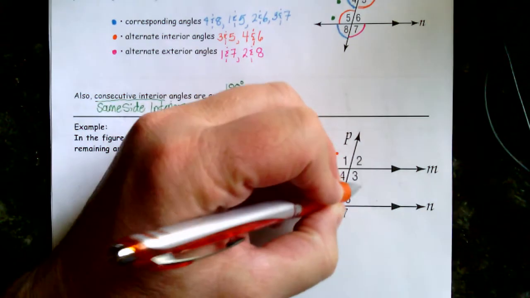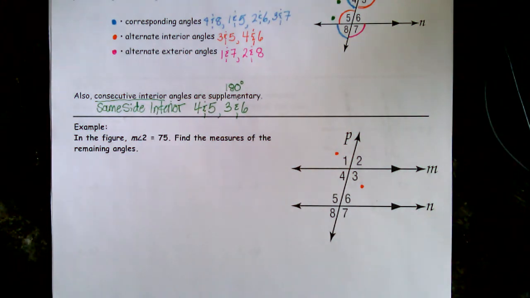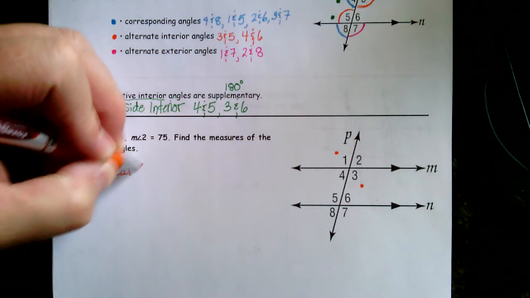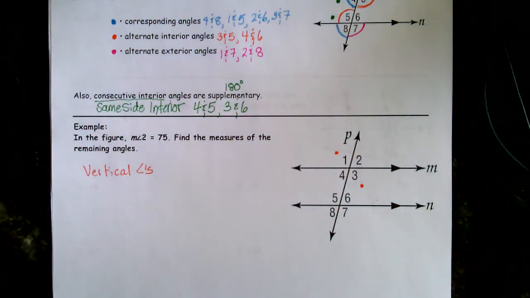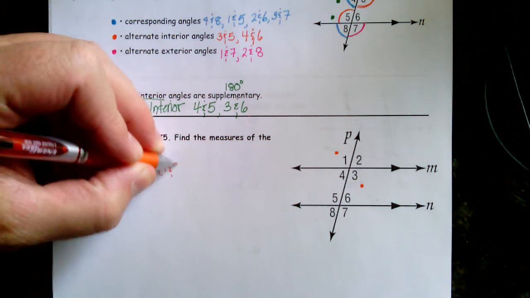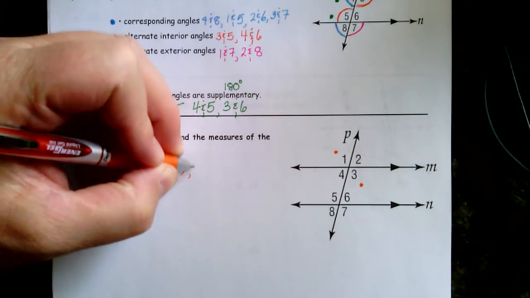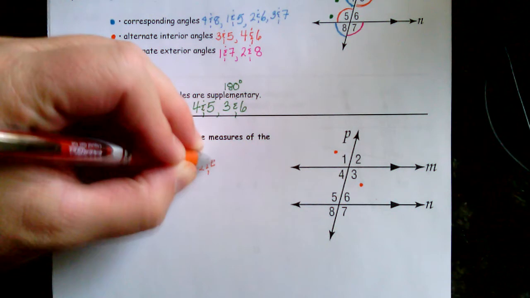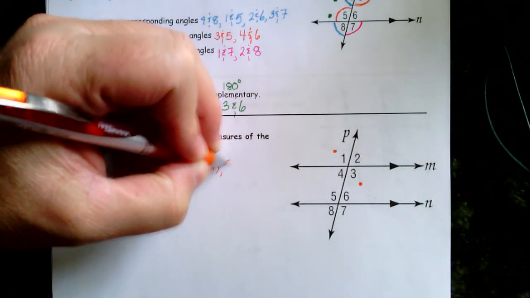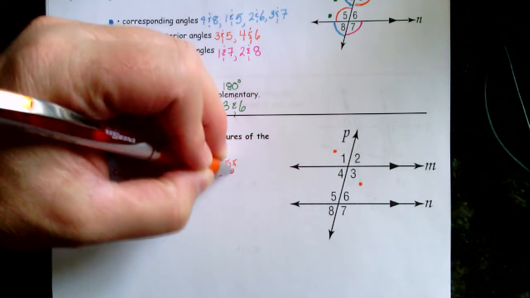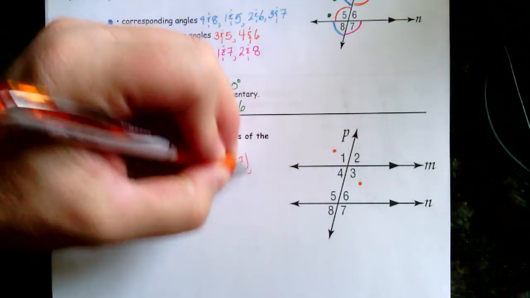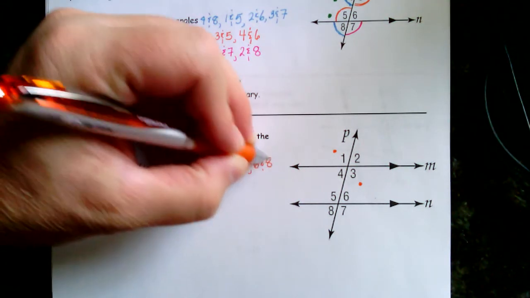Remember, 1 and 3 are opposite of each other. Those are called vertical angles. So vertical angles are 1 and 3, 2 and 4, 5 and 7, and 6 and 8.